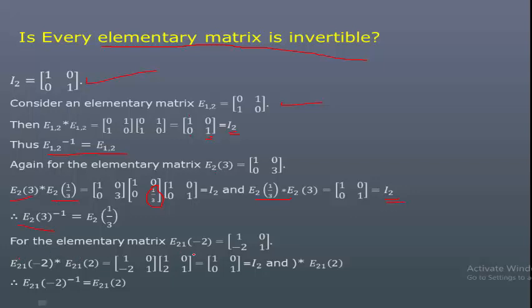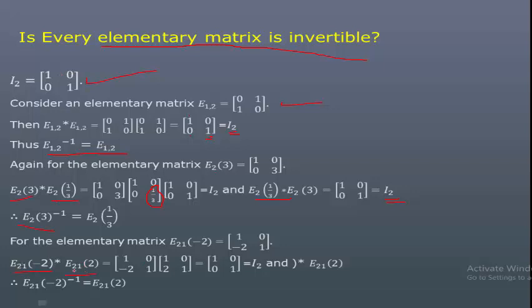Similarly, for the matrix E21 minus 2, how can we obtain it? Start with 1 0, 0 1, multiply the first row by minus 2 and add to the second row, so we get minus 2 here. Now consider E21(2), obtained by multiplying the first row by 2 and adding to the second row.